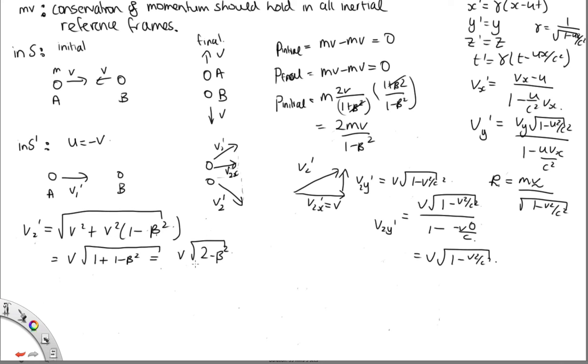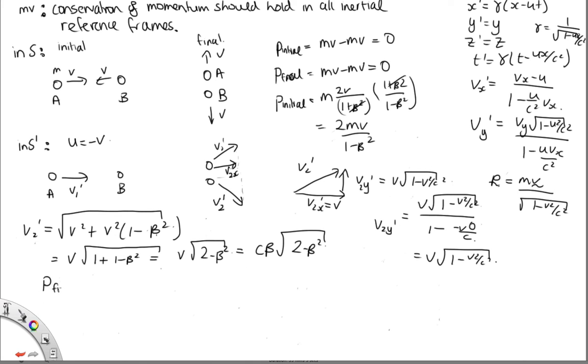Another way, we can write v is equal to c beta, so we can write this as c beta root 2 minus beta squared. Okay, so this is our v in this equation, and clearly the momentum in the y direction is going to cancel out and in the x direction is going to add together. So this v, we only need to consider the component in the x direction.